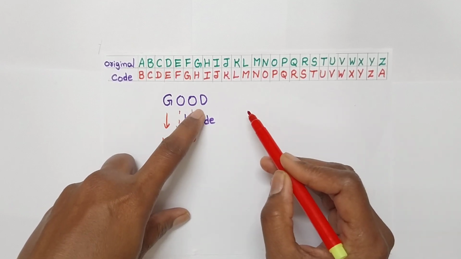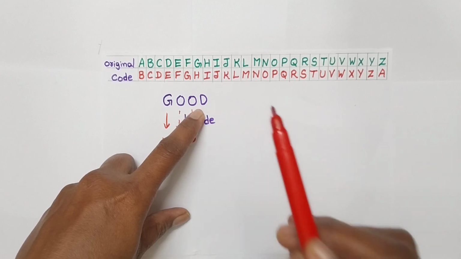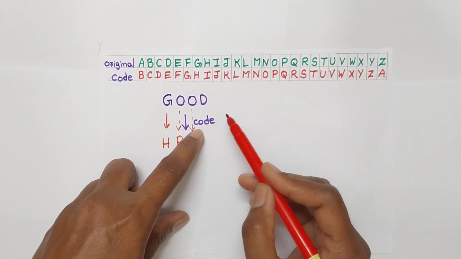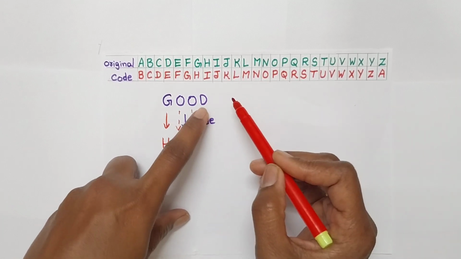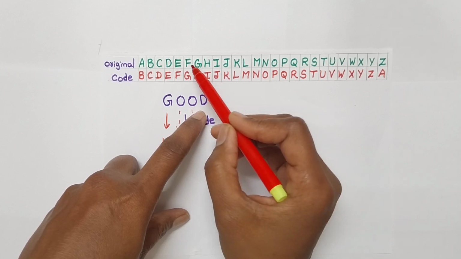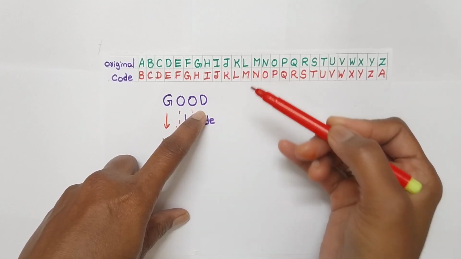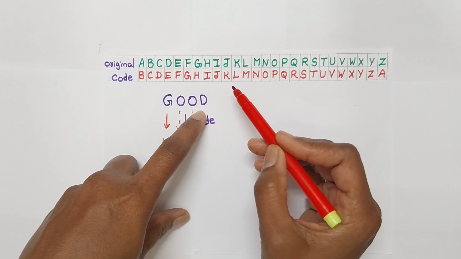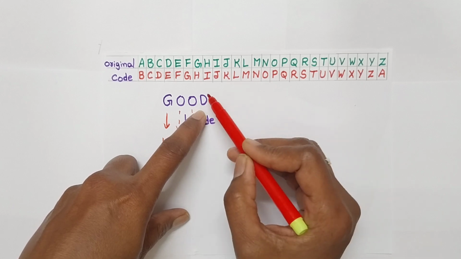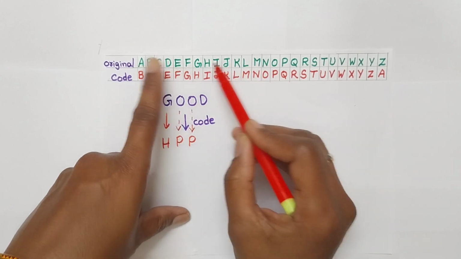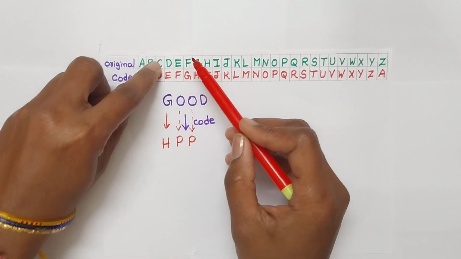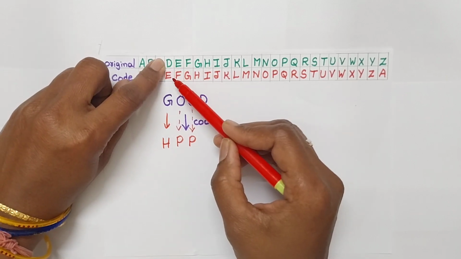Now, the last letter is D. For coding, we check the letters in the first line and take the letters from the second line. Where is D? Here is the D. What is the code letter for D?